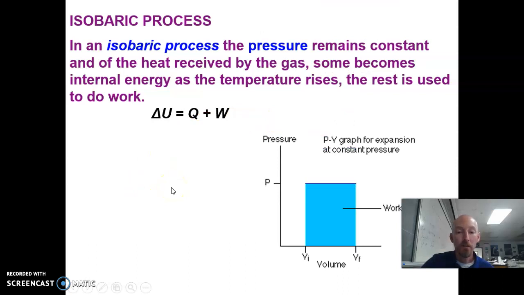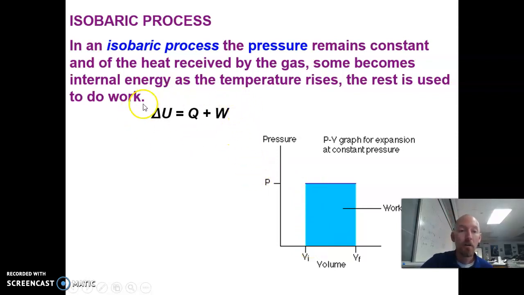Now, your pressure is constant, but your volume can change. Volume can either get bigger or smaller, so you can have work done because your volume can go up or down. But you will have a flat line because pressure stays constant that whole time. You need to think about what happens here: if volume gets bigger or smaller but my pressure doesn't change, what's going on with that gas?